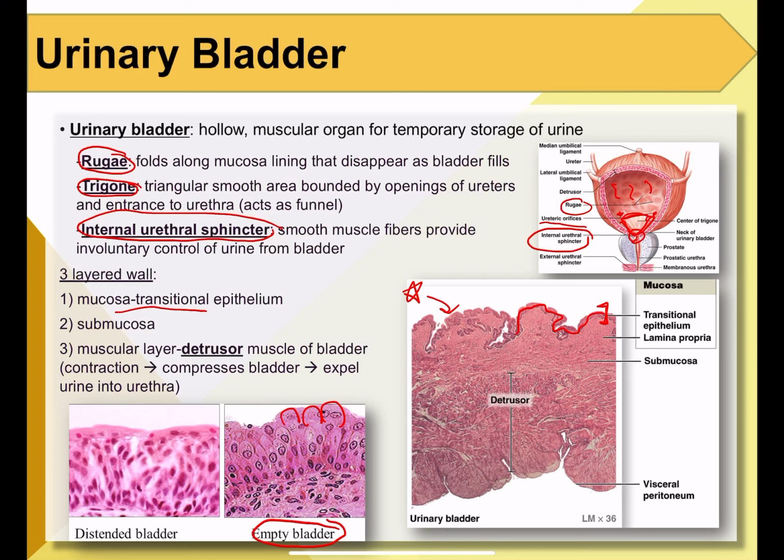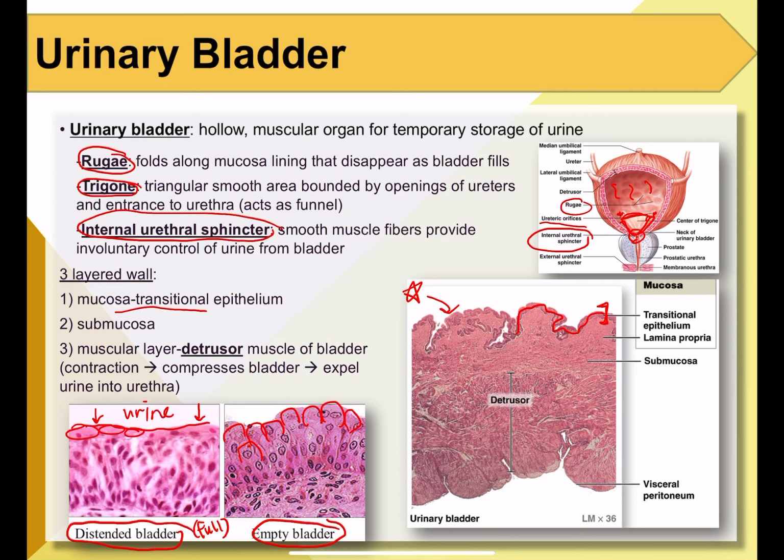Those from my previous semester class probably remember how I described these as little plumpy cells, because your bladder is not pushed or under pressure due to urine. Whereas in a distended, full bladder, you have lots of urine, which exerts fluid pressure on the epithelium right here and flattens those cells from plumpy shape into flat little shapes. That's why it's called transitional epithelium.